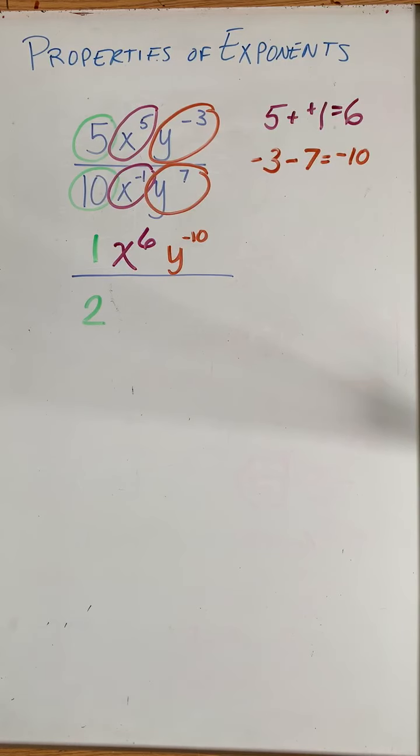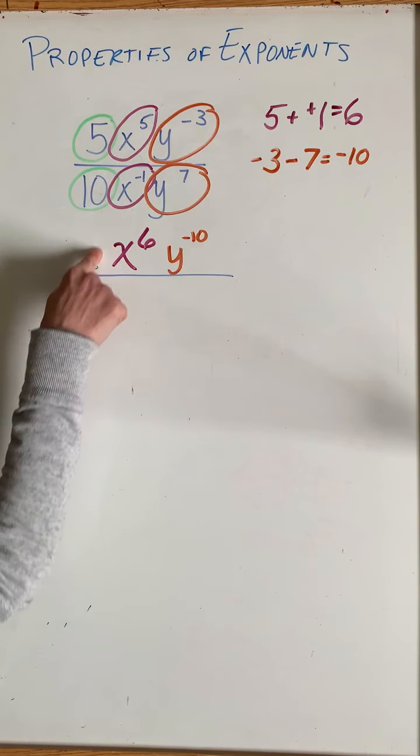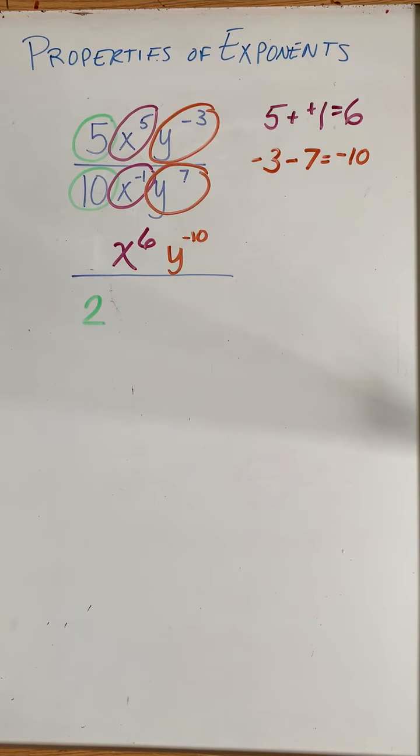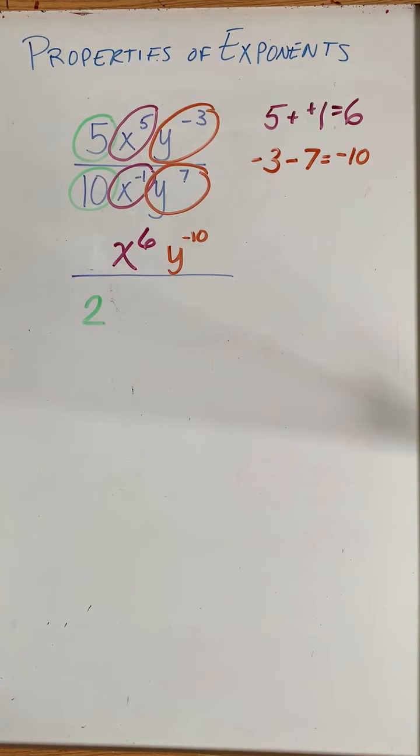All right, so now, are we done? A couple of things. Do I need this 1 in front? Since we're multiplying them all together, I don't. If you like it there, you can leave it, but it's not necessary. All right, is there anything else that we need to fix? All right, so again, remember we're looking for negative exponents if we have any, because we have to make them positive. So in this case, we're only going to move one of our variables again.